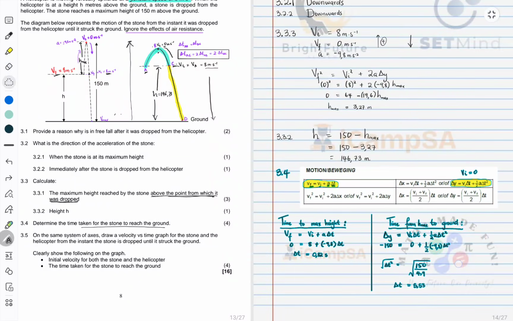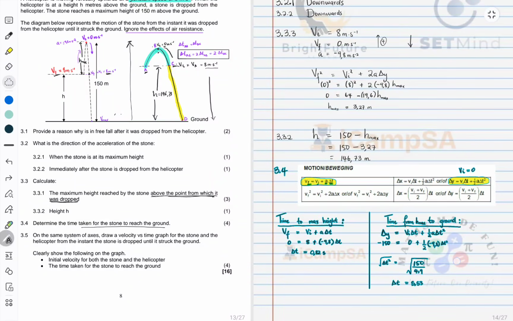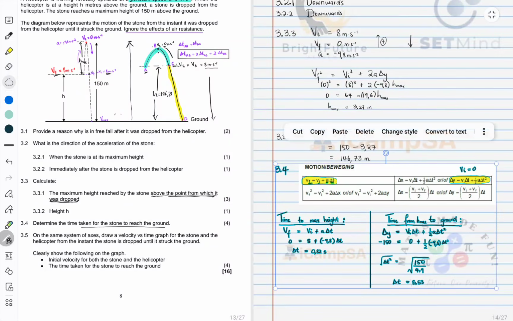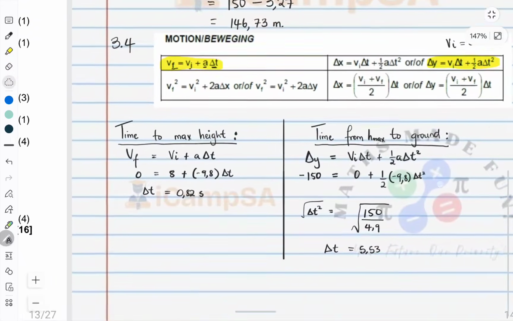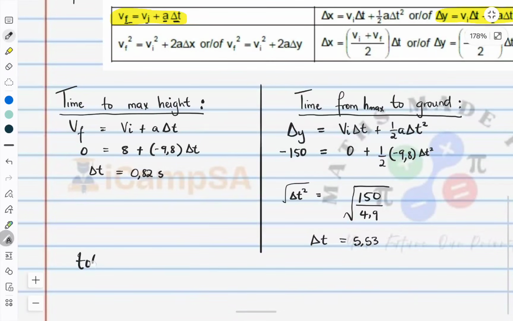Okay, I can move it here. All right, so the total time will be the time from A to B, which is 0.82, plus the time from B to the ground, from B to D, which is 5.53.